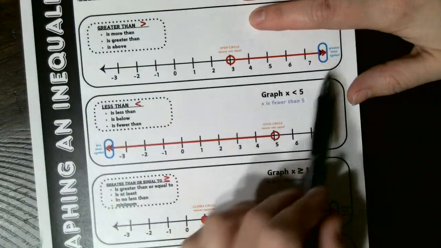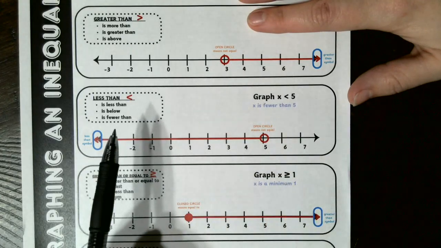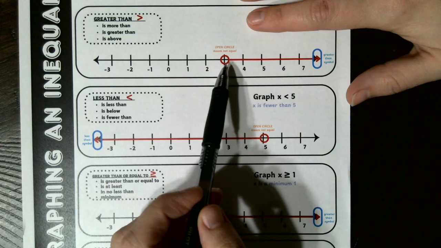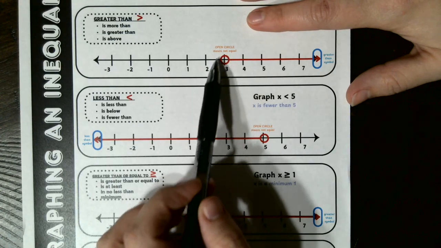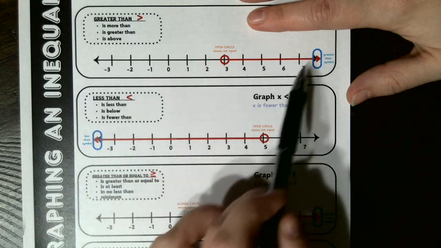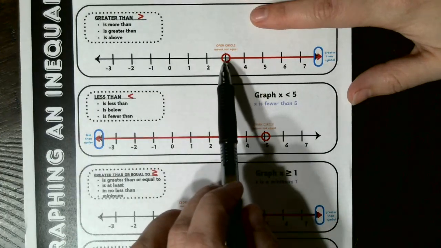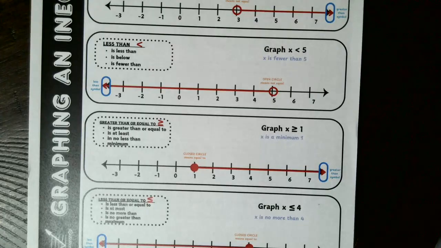Somebody would be able to look at this number line and say, oh, the inequality is telling me that the variable is greater than 3, because it is definitely not greater than or equal to. Okay, so that's your goal. Because eventually you're going to be looking at number lines and you're going to have to decide what this is telling you.